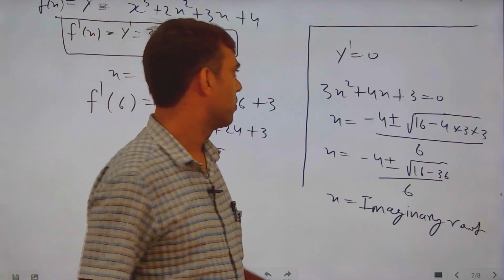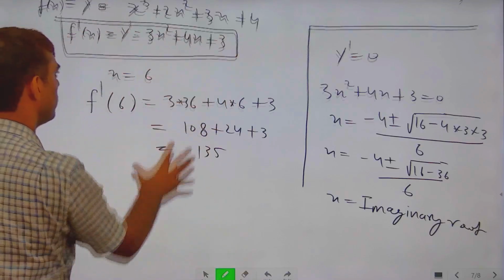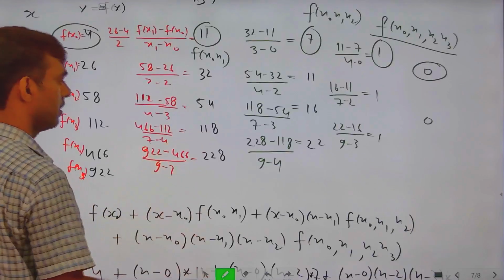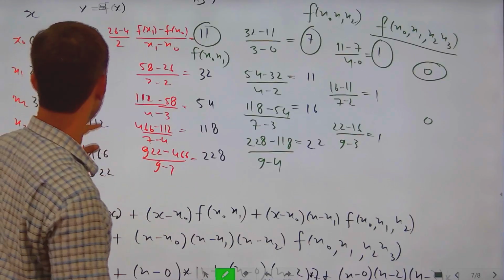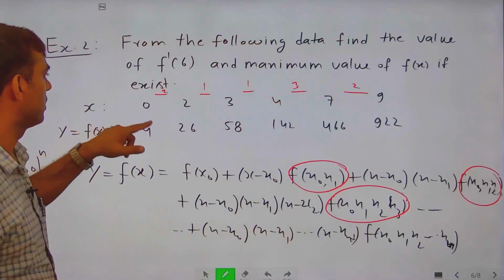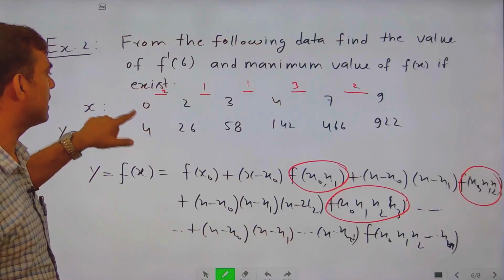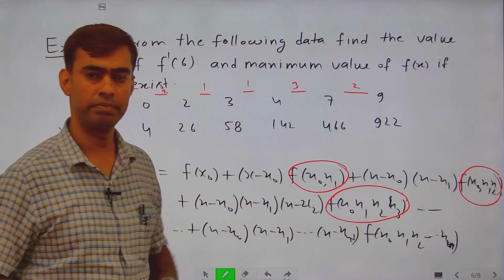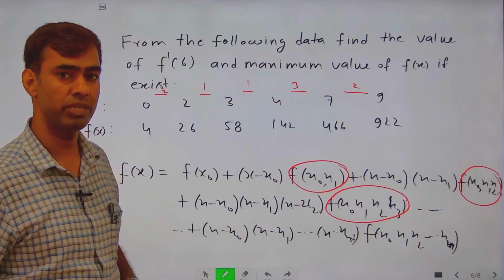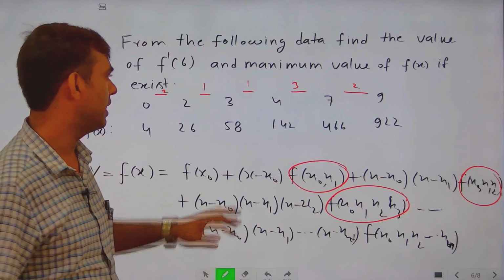So what do we conclude here? In this problem, the maxima doesn't lie between 0 and 9, because x is an imaginary value.